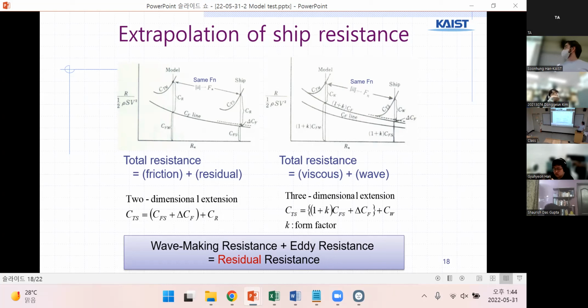Above, we can see two curves, which are both the total resistance coefficients. The first one here is for the model, and the second one here is for the ship. On the graphic on the right here, we have the same representation, but displayed differently using the wave making and also the eddy resistance to display the same results.